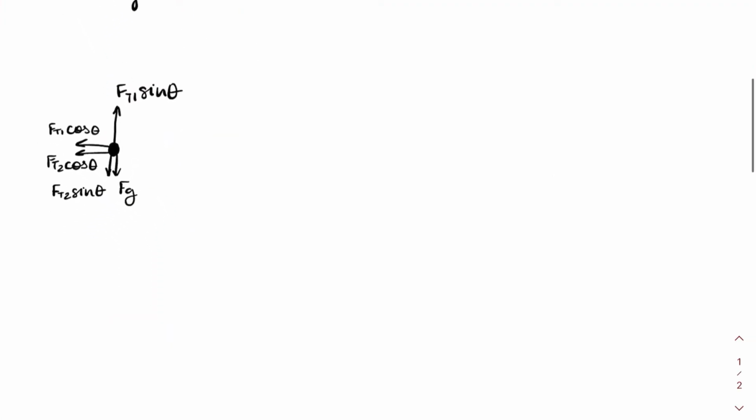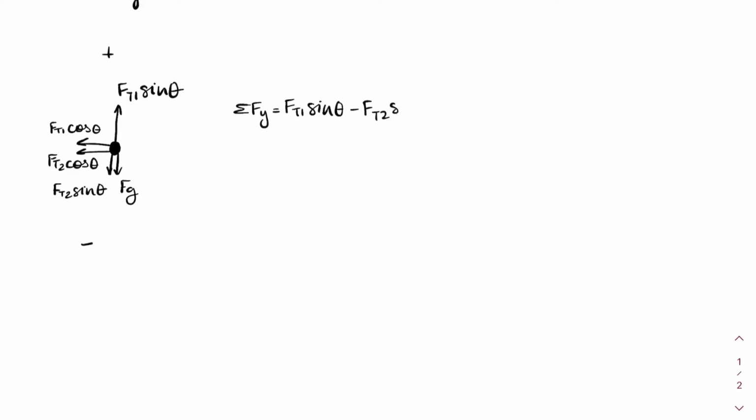Now we can go back here. So let's start by summing our forces in the y direction, which equals force of tension 1 sine of theta. So up is positive, down is negative, minus force of tension 2 sine of theta, minus force of gravity, which equals mass times acceleration.